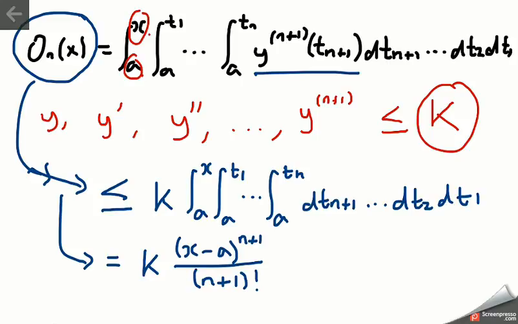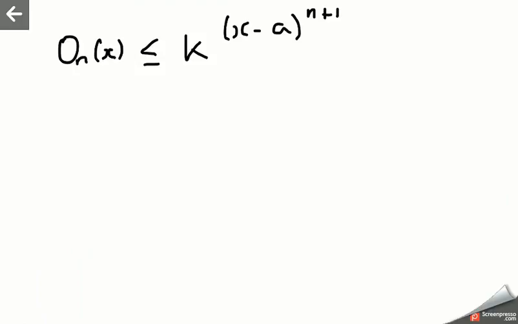Let me write that on a new page. So we have O_n of x less than or equal to k times x minus a to the power of n plus 1 divided by n plus 1 factorial.